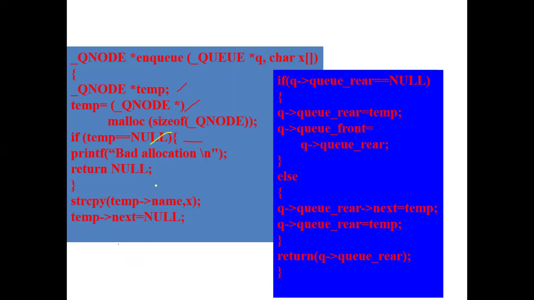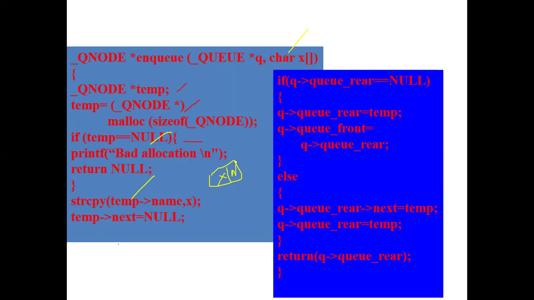Else I will copy the value which I pass as a parameter. So this character X is the value I pass here, and that will be copied to temp name. Now temp will have the value X, and then temp next will be null.